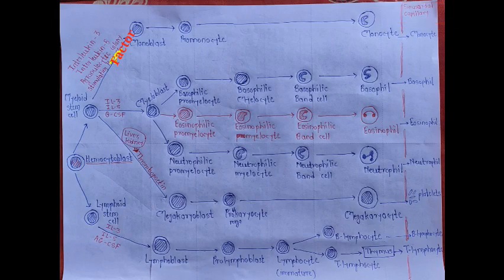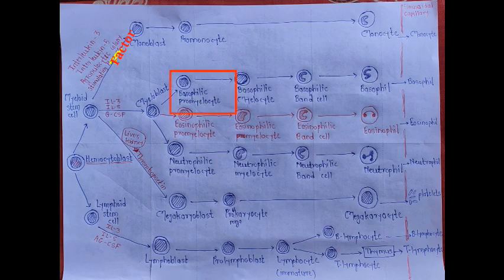When myeloid stem cell gets stimulated by interleukin 3, interleukin 5 and granulocyte colony stimulating factor, it will give rise to myeloblast. Myeloblast can give rise to three different types of cells: basophilic promyelocyte, eosinophilic promyelocyte and neutrophilic promyelocyte.